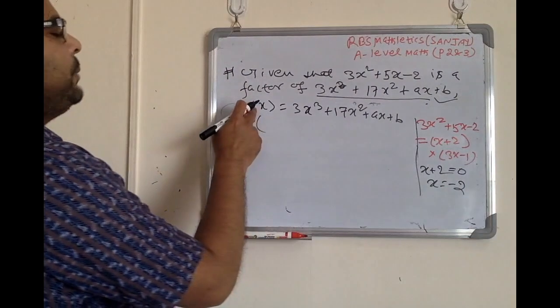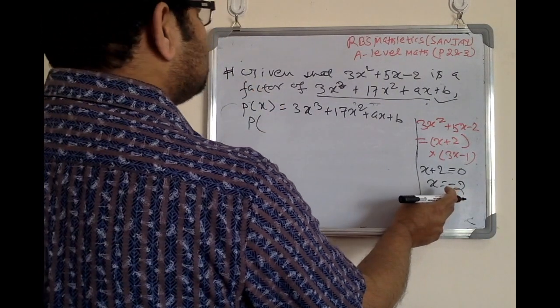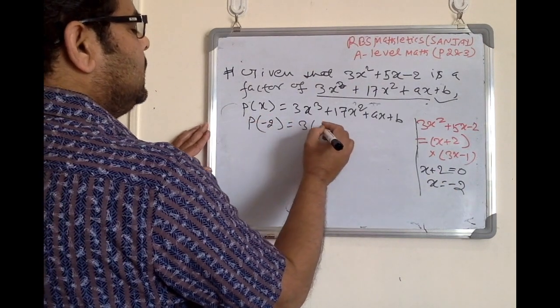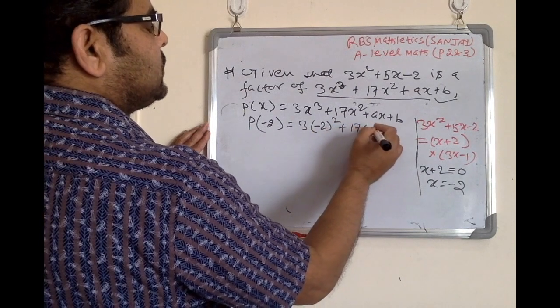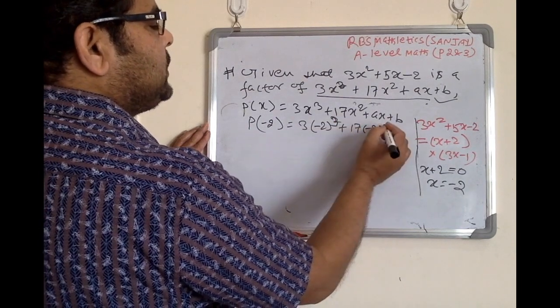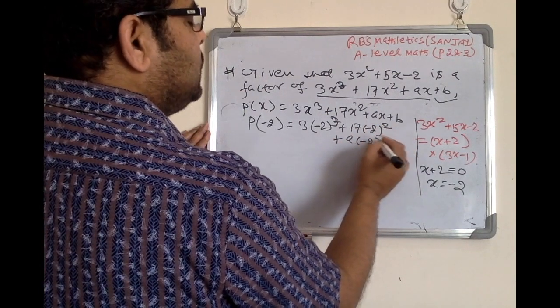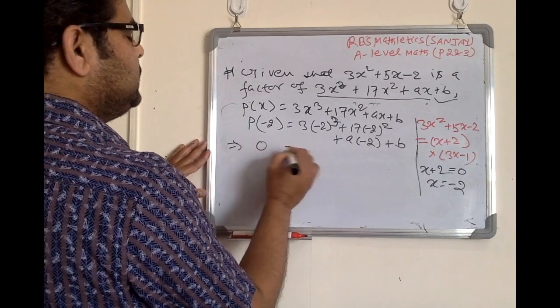That means this polynomial at x equal to minus 2 is going to be 0. So we put minus 2: 3 times minus 2 cubed plus 17 times minus 2 squared plus a times minus 2 plus b. So this is going to be 0. Why?